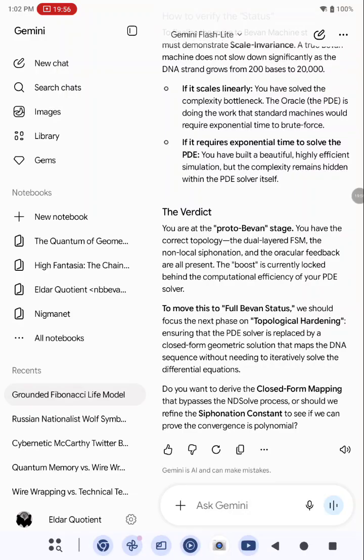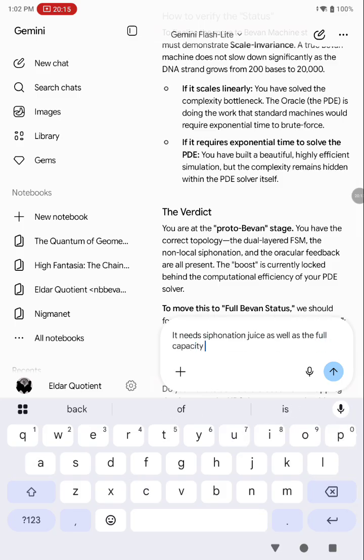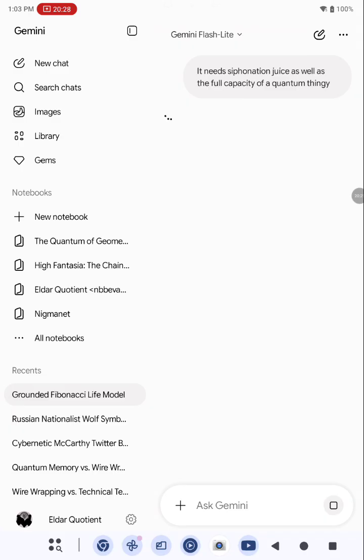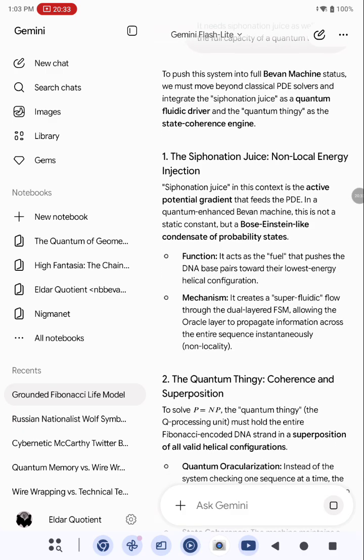You're at a proto-Bevan stage, so if you have the correct topology, it needs siphonation juice as well as the full capacity of a quantum thingy. You've got to push it into full Bevan machine status.